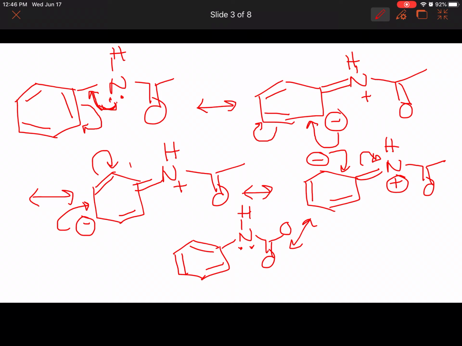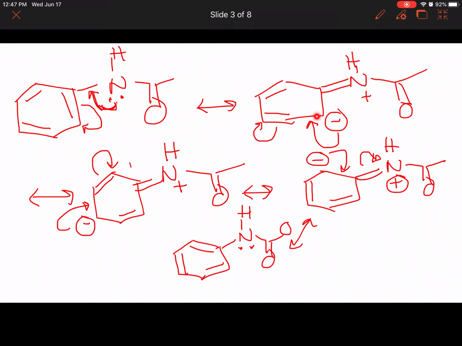Okay. Now you remember when we were doing the nitration, we saw that the nitro group attached to this carbon. Now you can see the reason why, because during the resonance structure, this carbon carries the negative charge, not this carbon.